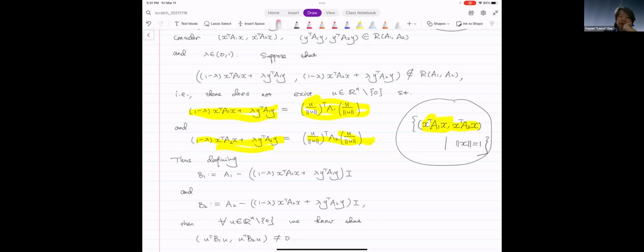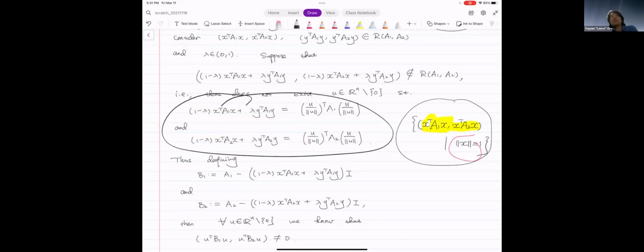In other words, I am not going to be able to find a non-zero vector and then divide by its magnitude to have a vector in the n-dimensional sphere that represents the counterexample. So this is again nothing. This is just the definition of convexity of my set. So we're going to assume that this does not hold.